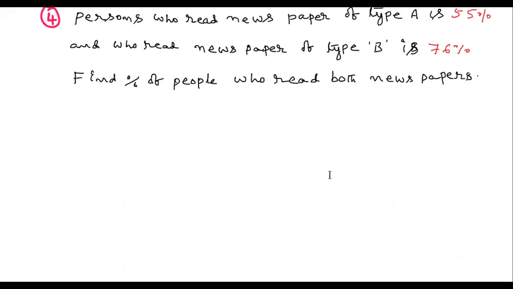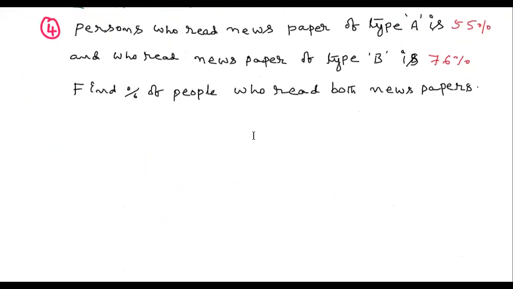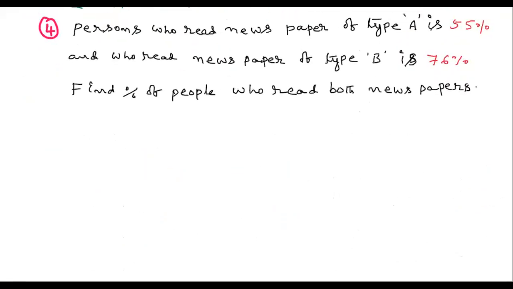See the fourth question, what they have given. This is a probability related problem. Very easy question. Now, what they are asking: probability of A is 55% and the probability of B is 76%.